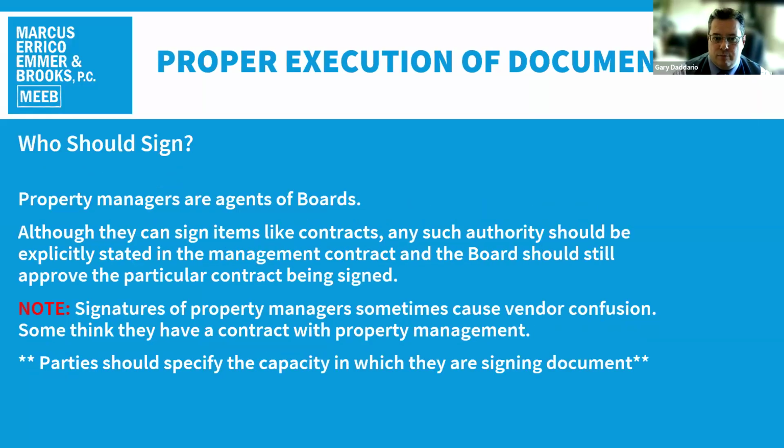A lot of times it's a board president. And what's unfortunate is at that point, if you have a document with only one signature, looking at just the document allows for the question to remain as to whether or not this really was a board action.